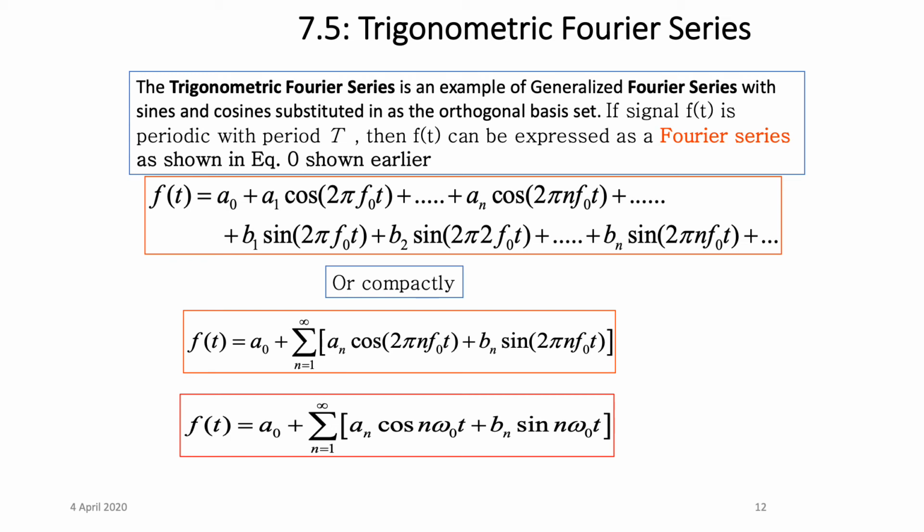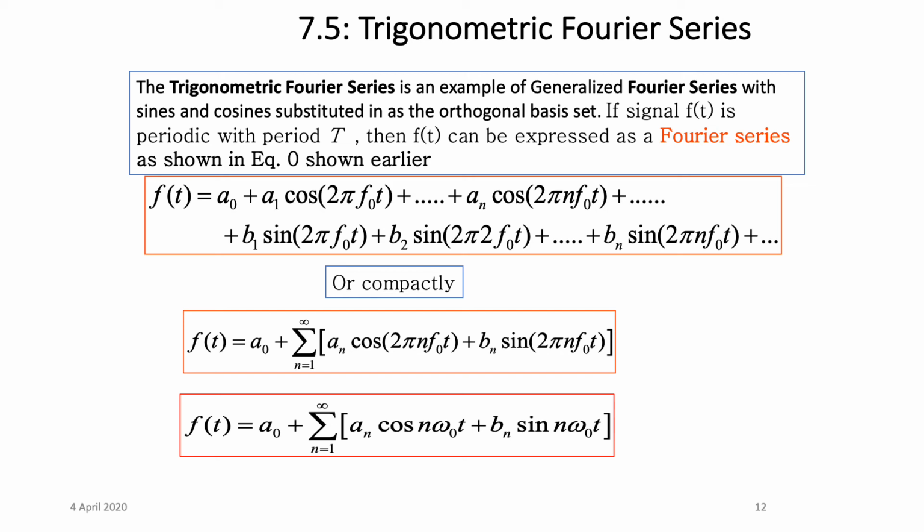So our f(t) will be a0 plus a1 cos 2 pi f0 t plus an cos 2 pi f0 n t plus b1 sin 2 pi f0 t plus b2 sin 2 pi 2 f0 t plus bn sin 2 pi n f0 t.